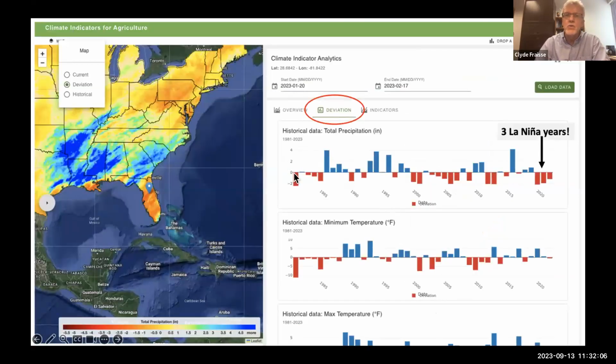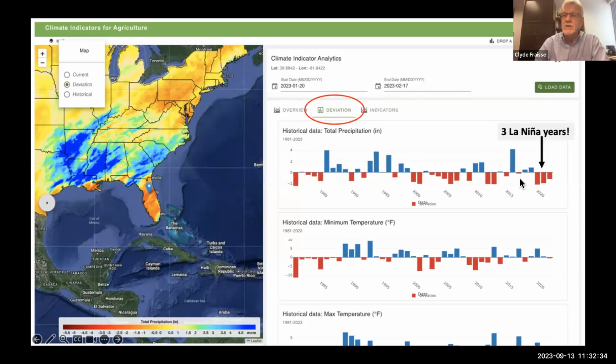This tool will give you the typical rainfall accumulated since 1981, and it goes all the way, showing the accumulation throughout the years for a given location that you can select and for a particular time period, but also you have the deviation.